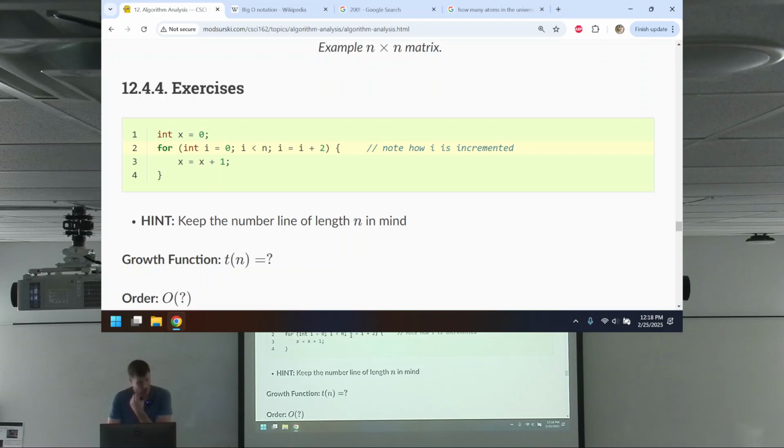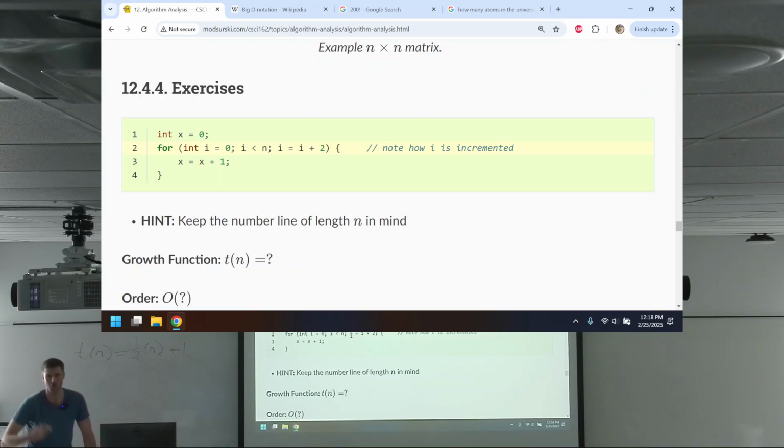So how many times is this loop going to run? From 0 to n, will it run n times? No. It will run n over 2. So T of n is going to be like 1 over 2n plus 1. But this is just a coefficient, and we don't care.